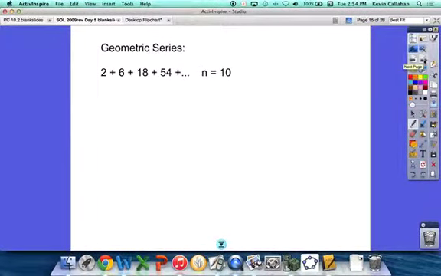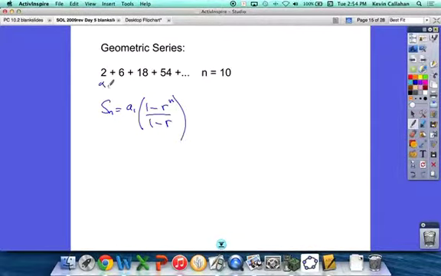Now for geometric, we have another formula. Sn equals A1 times 1 minus R to the N over 1 minus R. Okay, so we need to plug in the A1 and the R and the N. In this problem, the A1 is 2, that's easy.